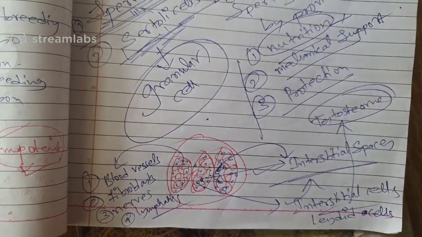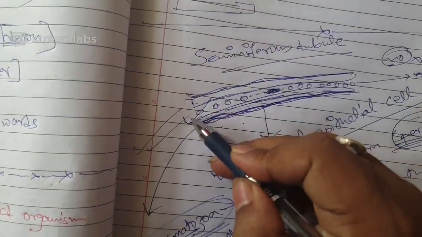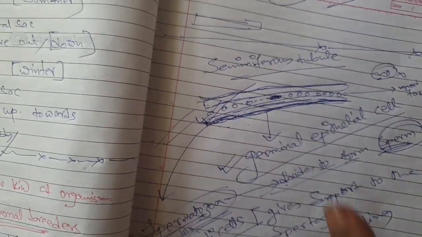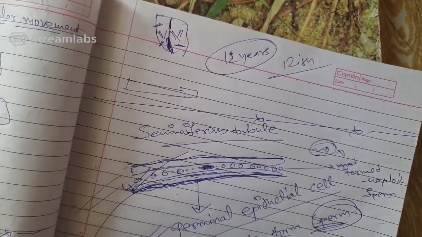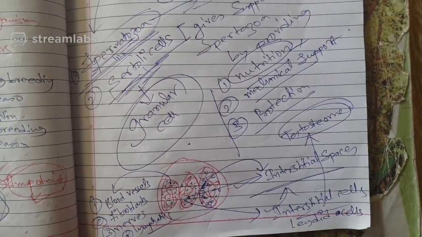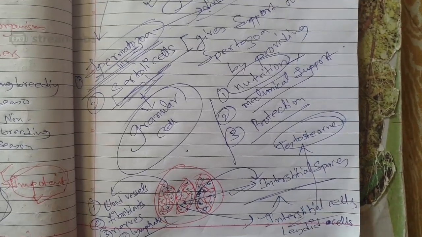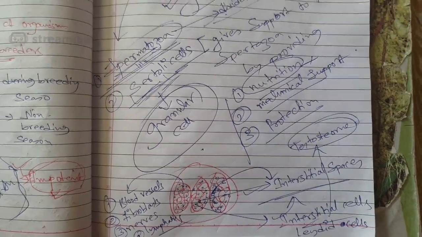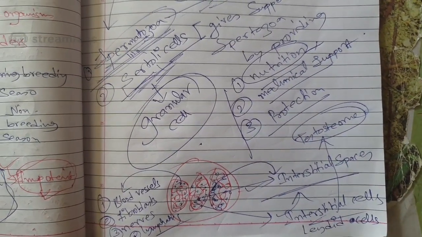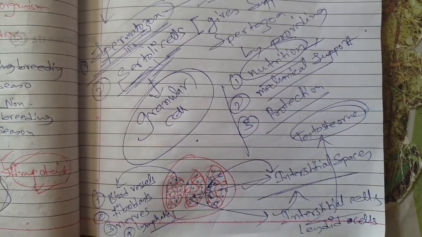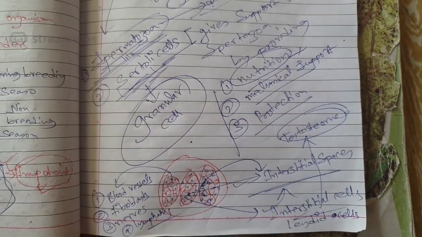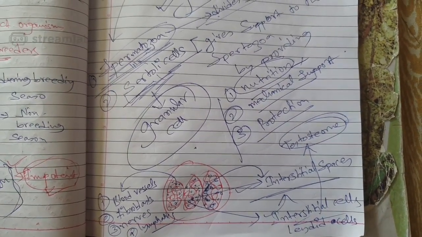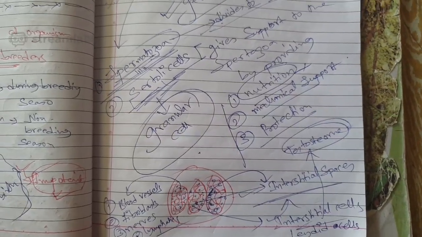Testosterone is the inducer of sperm production inside the seminiferous tubule. So until 12 years, the Leydig cells do not become so active to produce testosterone. After 12 years, the pituitary stimulates the gonadotrophic hormones, the luteinizing hormone LH, the follicle stimulating hormone FSH, and the GnRH, which you have learned in class 11.